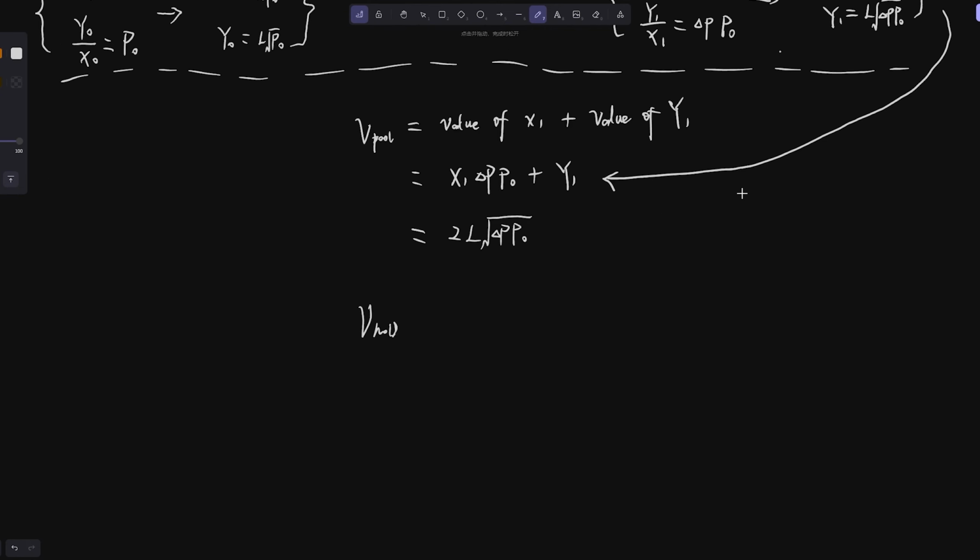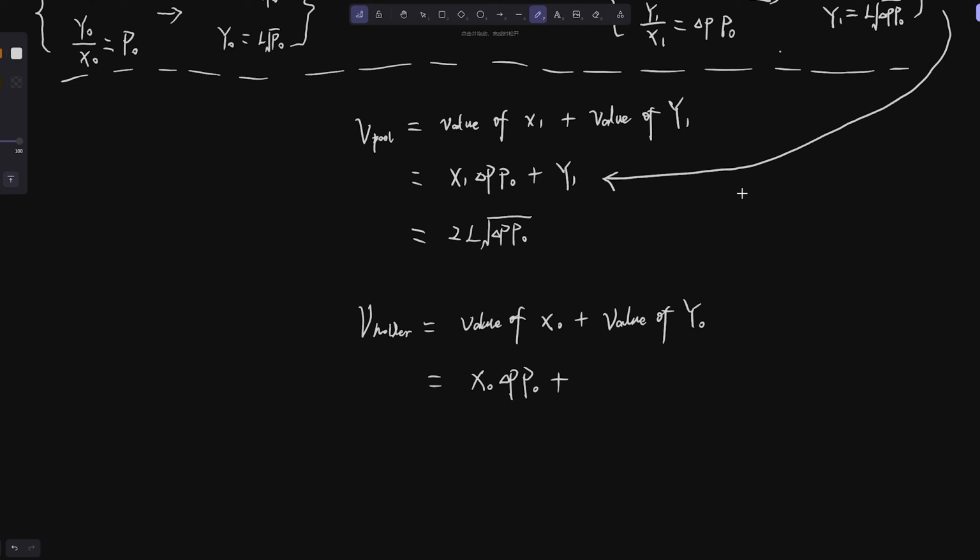V holder equals value of x0 plus value of y0. Value of x0 equals x0 times the price, which is delta P times P0.